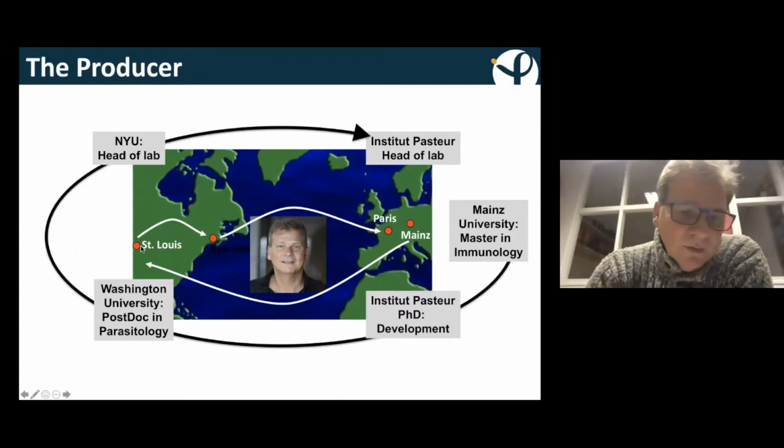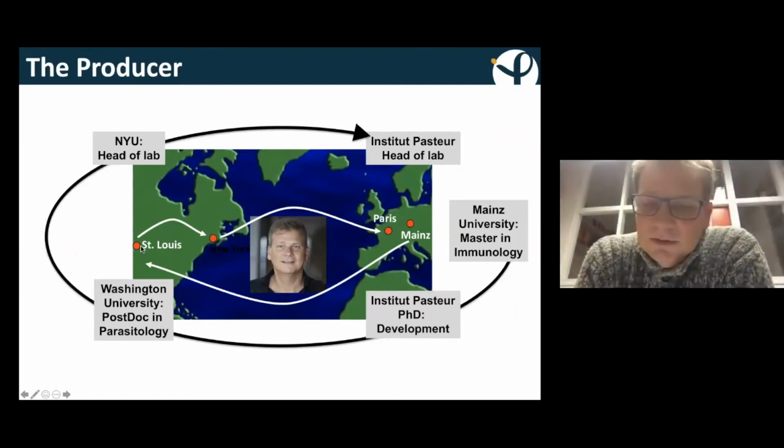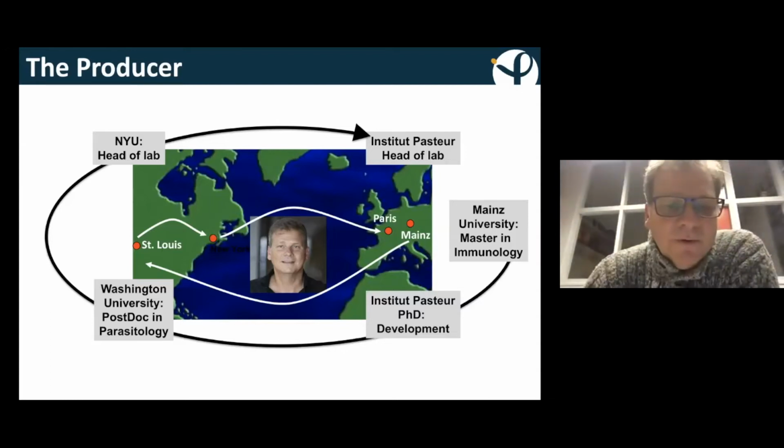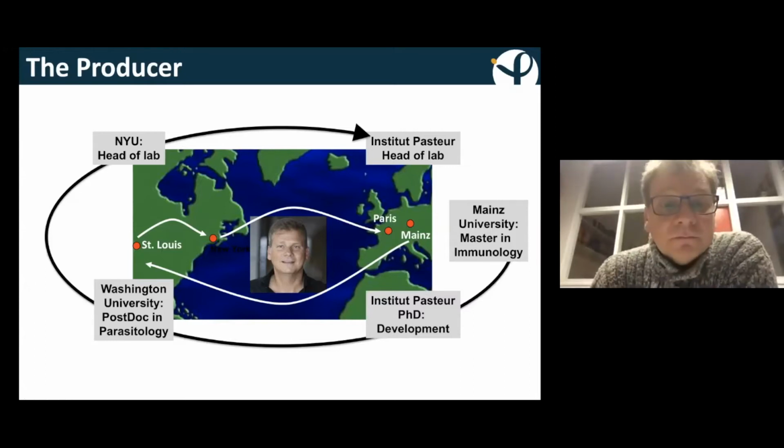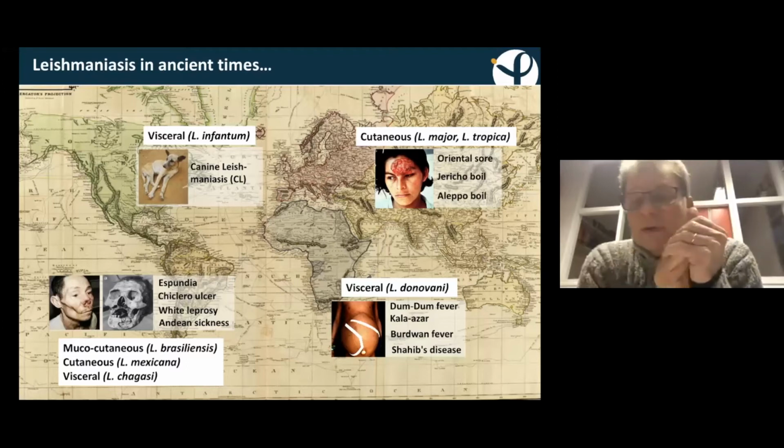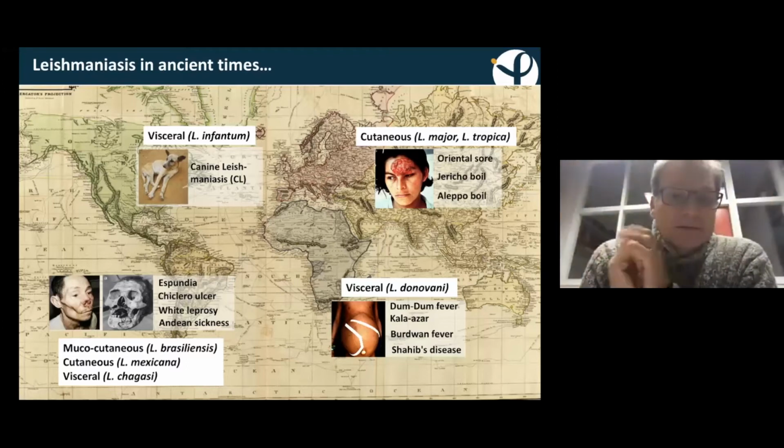Then I went to St. Louis, Missouri, where I switched into parasitology, and I stayed there. I got my first laboratory at the New York University in the US. And then, of course, in 2005, I came back as head of a lab to the Pasteur Institute in Paris. So this is my now concluding, I would say, the more funny introduction.